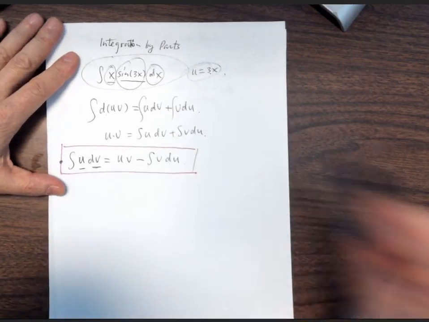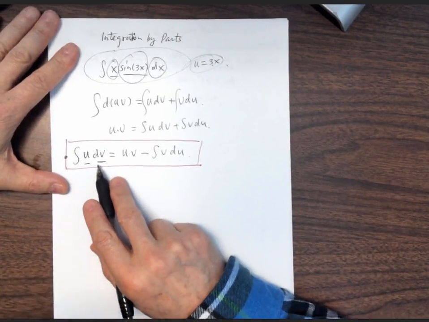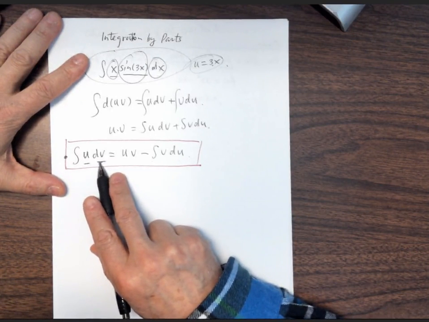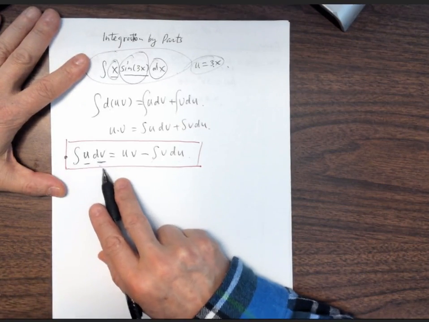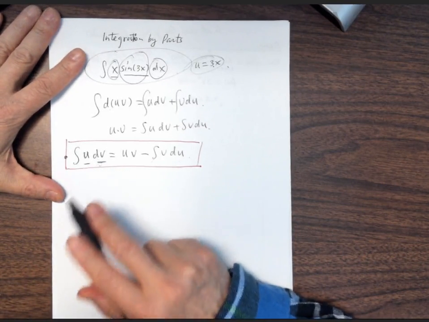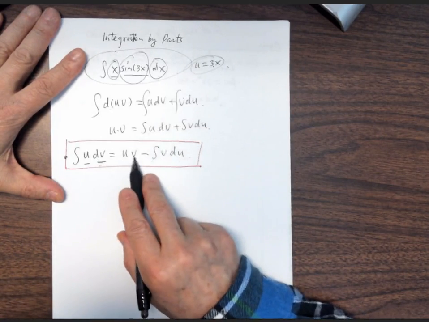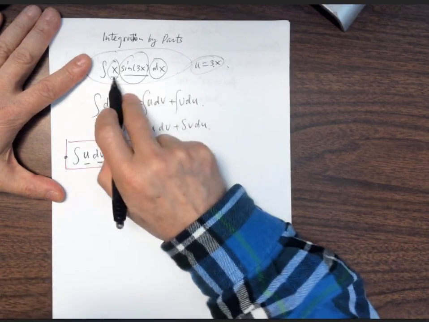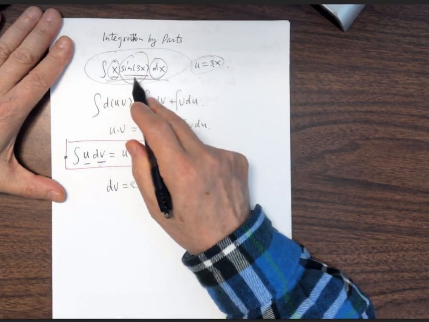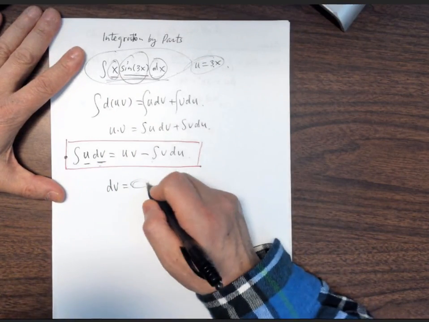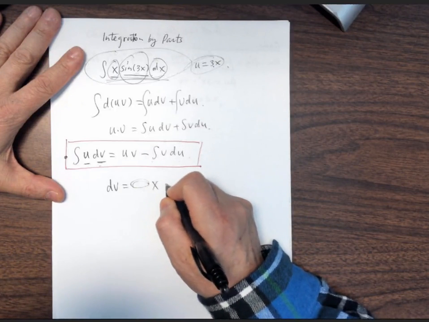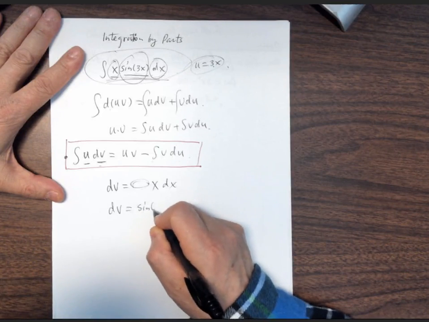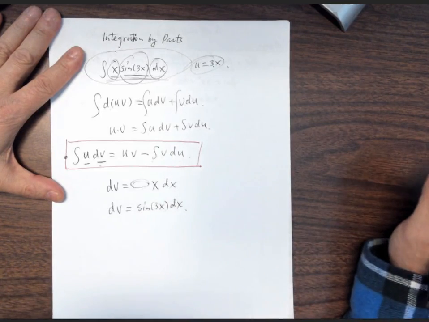Now, when we try to apply this formula, there's one thing that we have to remember all the time. Whatever we consider as dv, we have to make sure it's first of all possible to determine the v. For example, in this integral up here, you can say dv is x times dx, or you can say dv is sine 3x dx.